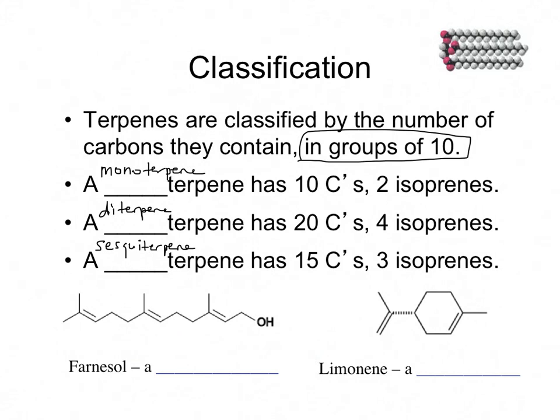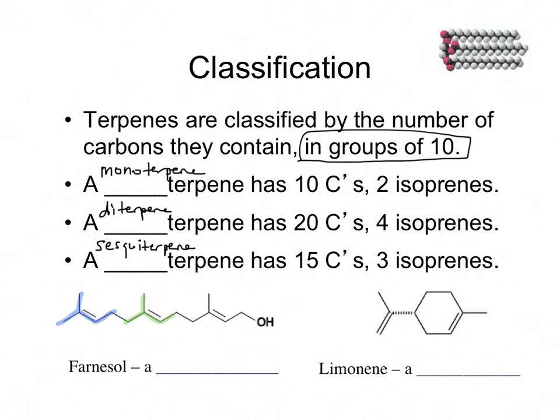Alright, so our first one is farnesol, and let's start by finding the first unit and then seeing where its head hooks up to another's tail, and so on and so on. So the first part is going to be pretty straightforward. It's right there. And let's switch ink color, and we'll go to the second one.